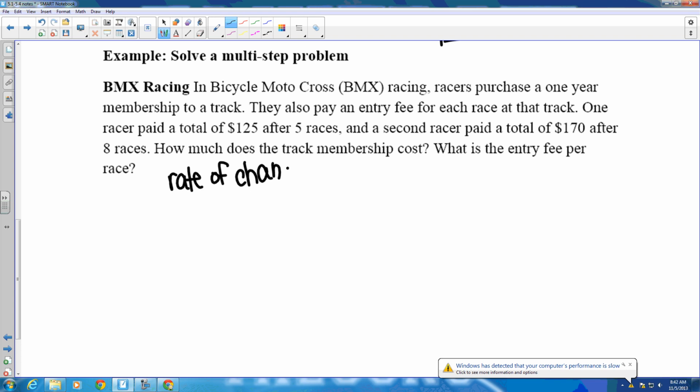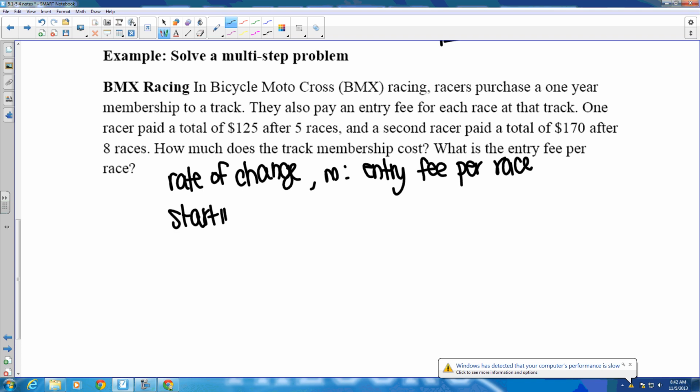Rate of change, which is m, and that m is the entry fee per race. We also need to find our starting value, just like in the last one, which is going to be our b, or the track membership cost, which you only pay one time.